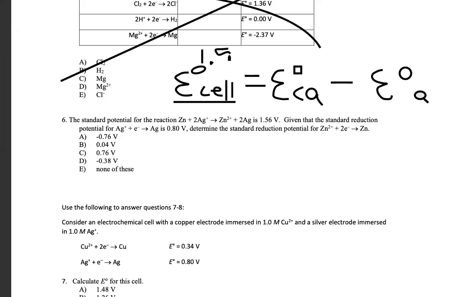The standard reduction potential for Ag+ plus e- to Ag is 0.8 volts.